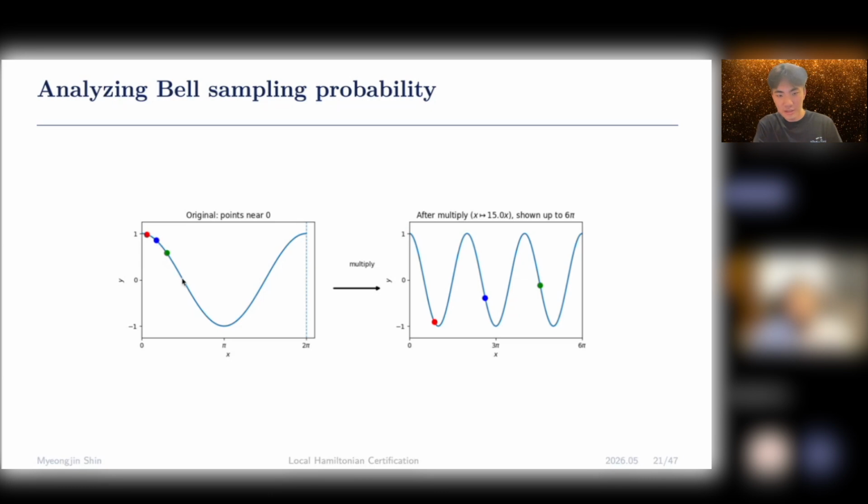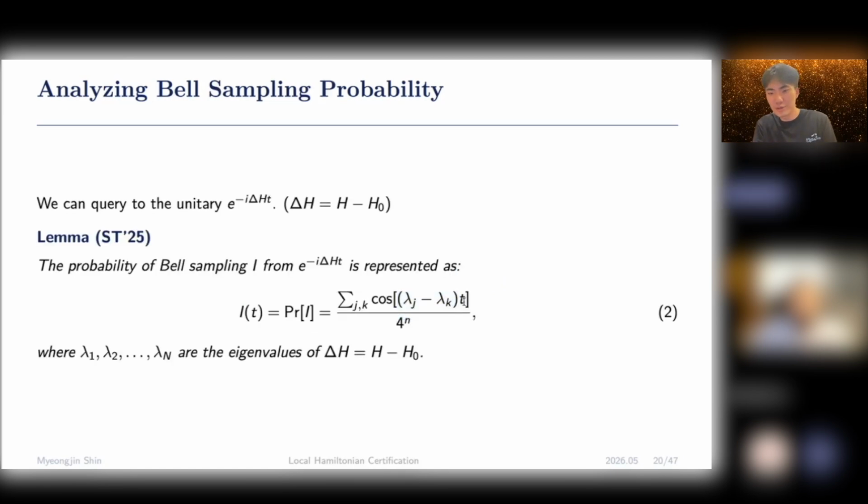We have the cosine graph, and near 0, if the difference of the eigenvalues is near 0, then every term will be close to 1. But thankfully, we can increase this difference by multiplying t, by increasing t.